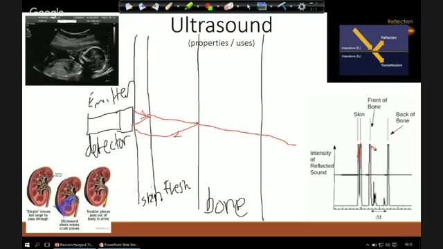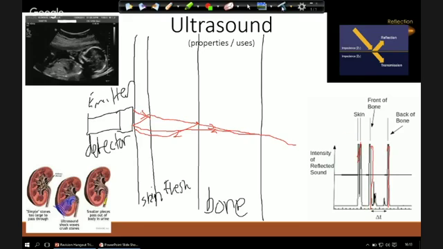So that'll be the reflection from the front of the bone, and then again back here there'll be some reflection that comes all the way back from this area. And you'll have to excuse my terrible drawing, like a toddler with this pen. Okay, so that'll be reflection from the back of the bone. So at each interface is a reflection which will be picked up by the detector again. And on the detector screen, you will see that there is a peak from each reflection.